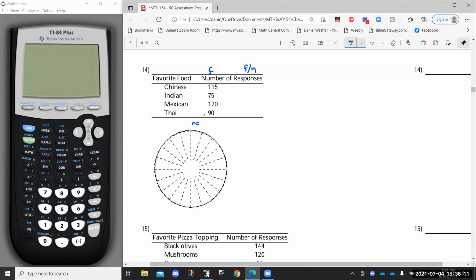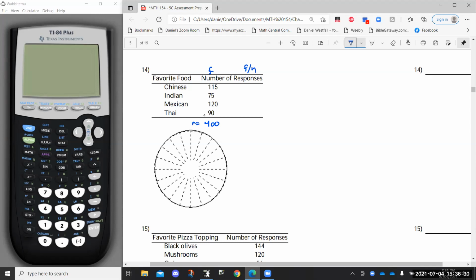So that means this is going to be a total of 190 to 310. This is 400 people total.